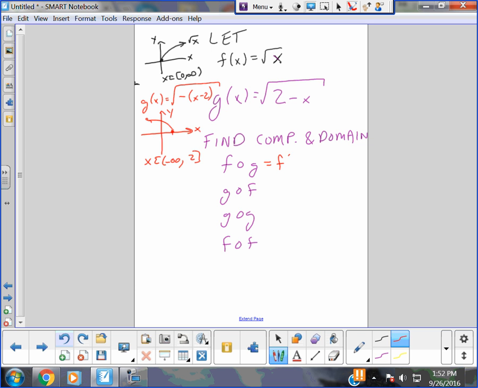and again, this might be overkill, but are we all thinking this at least? Yes. So it's the square root of the square root of 2 minus x. Do you guys all agree? So for the first one, f of g, I see it as 2 minus x, right, on the inside, square root of the square root.